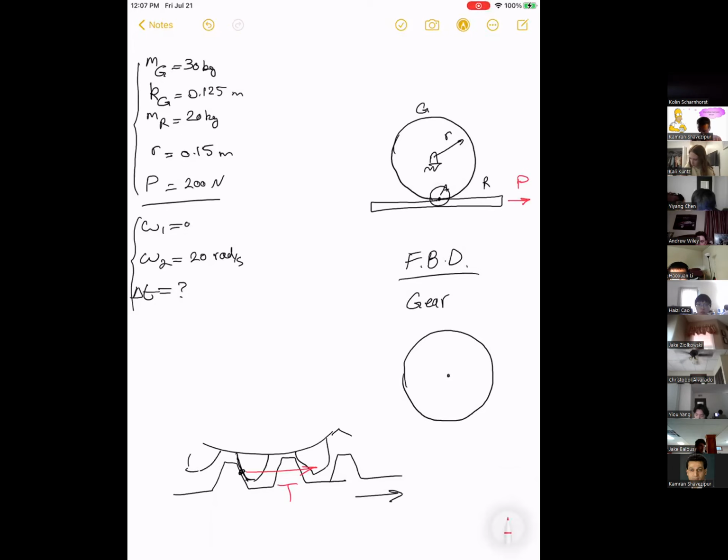So if that's the case, at point A, I'm going to have a horizontal force T. Remember, this is not necessarily equal to P because a part of force P will be used to accelerate or to move the rack. And this is all ugly. Let me fix that.